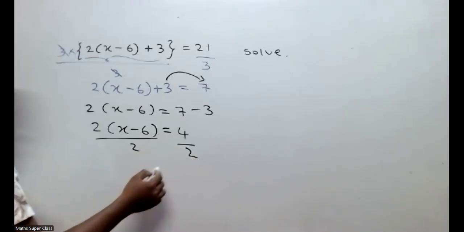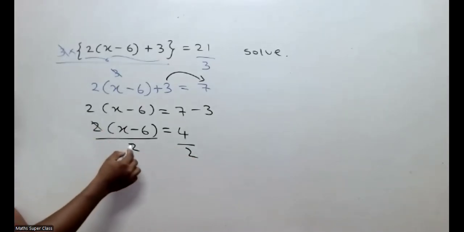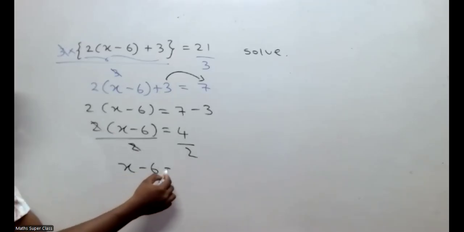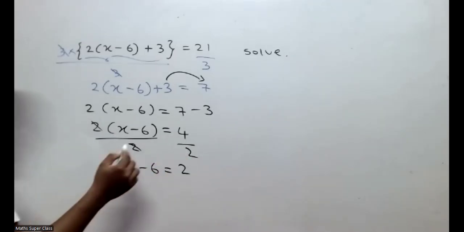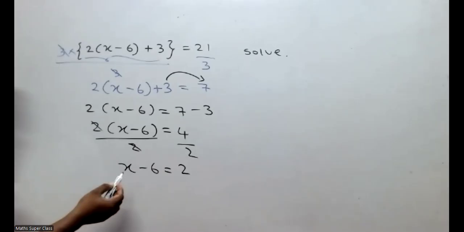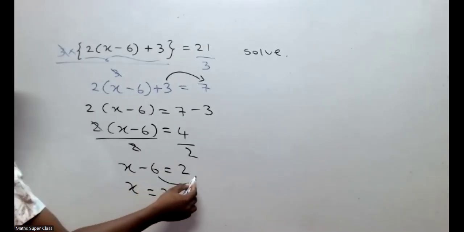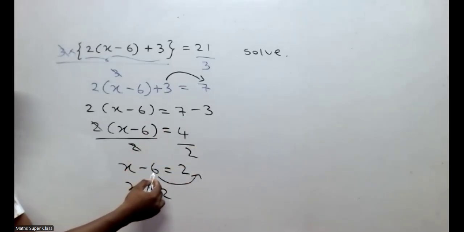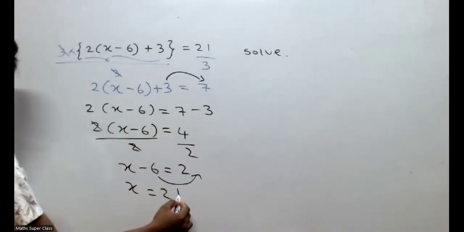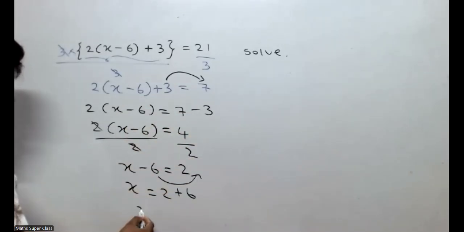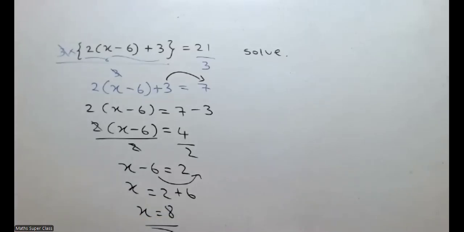We should divide both sides by 2. x minus 6 equals 4 divided by 2. Now what to do? We have to subtract this 6. That means we have to take this minus 6 to the other side. When it comes to the other side, it becomes plus. Got it? Nitish, got it?